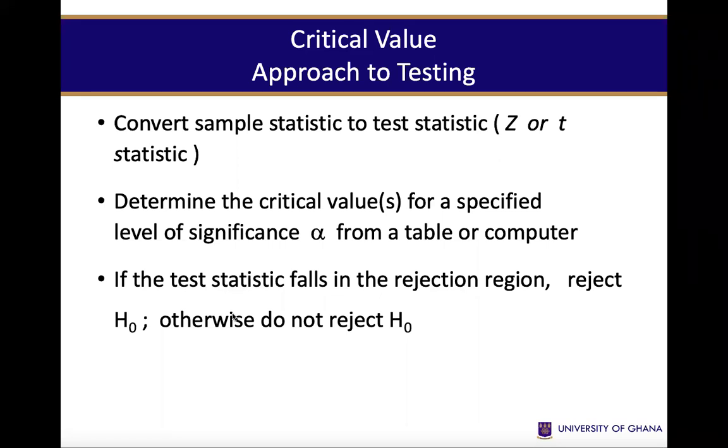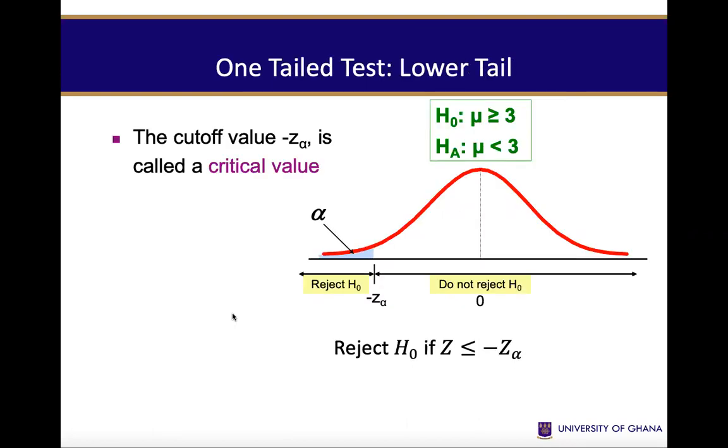The test statistic is what we are going to use to show or prove that our null hypothesis should be retained or should be rejected. Then we need to determine what we also call the critical value, and then we compare the critical value to the test statistic. If the test statistic falls in the rejection region, we reject the null, otherwise we do not reject the null.